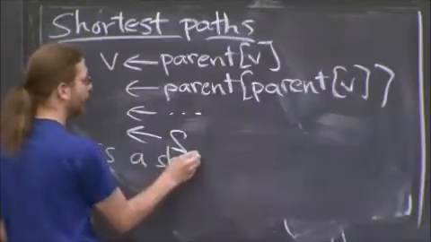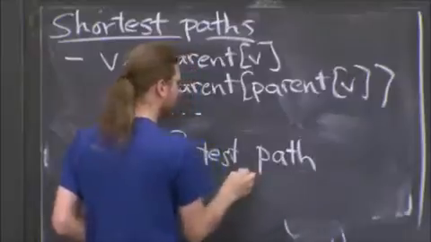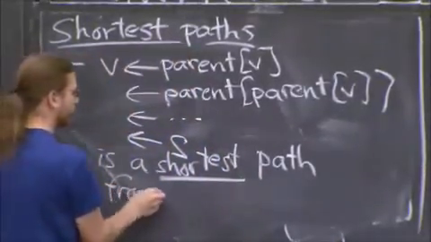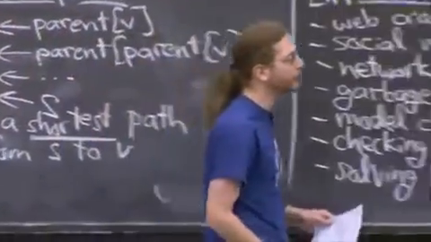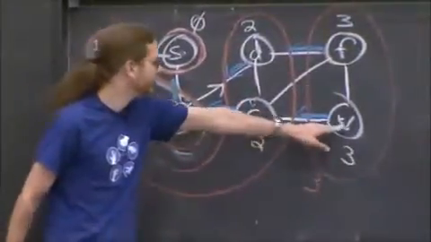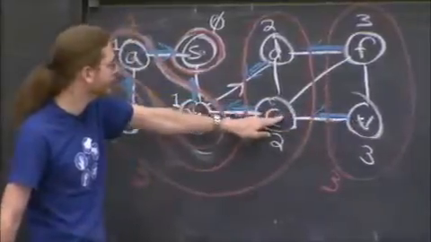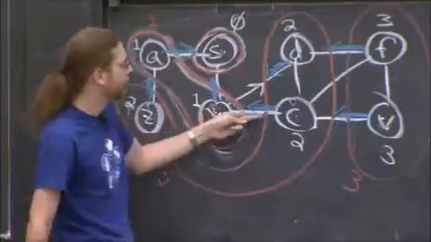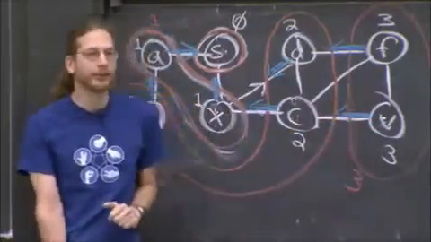And it will be a shortest path in the graph from S to V. Meaning, if you look at all paths in the graph that go from S to V, we compute this path out of BFS, which is: parent of V is C, parent of C is X, parent of X is S. Read it backwards. That gives us a path from S to V. The claim is that is the shortest way to get from S to V.